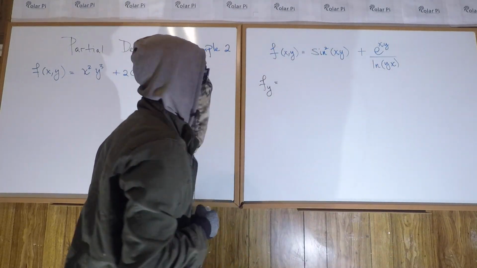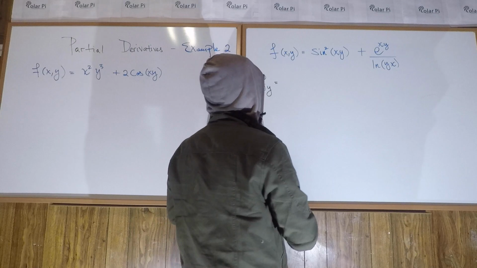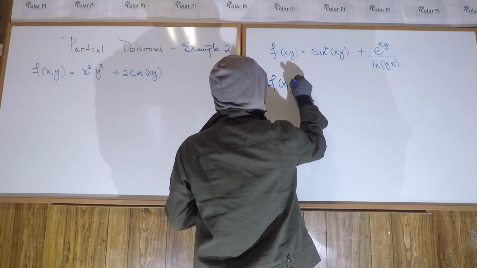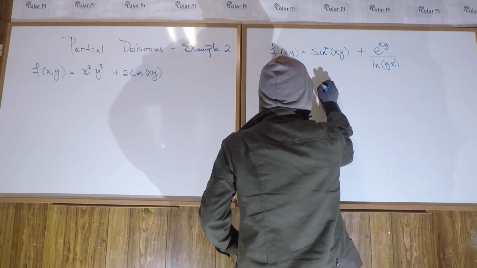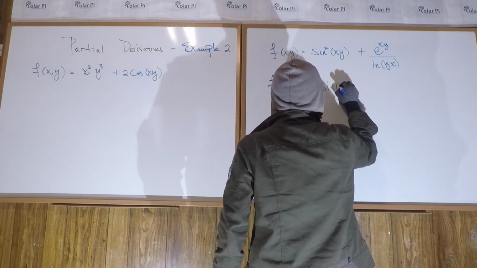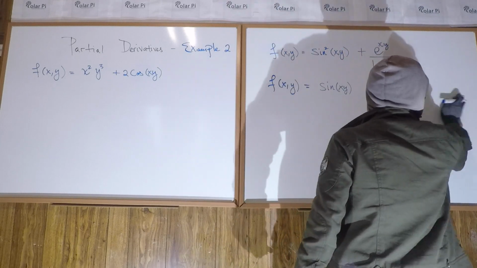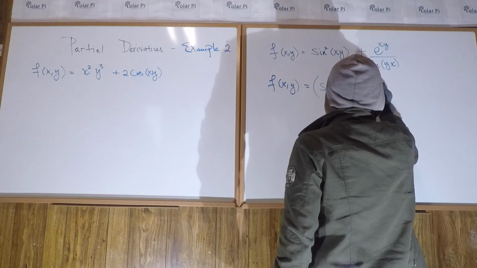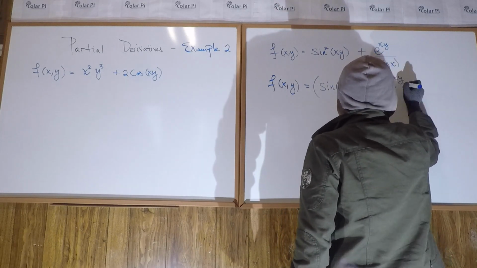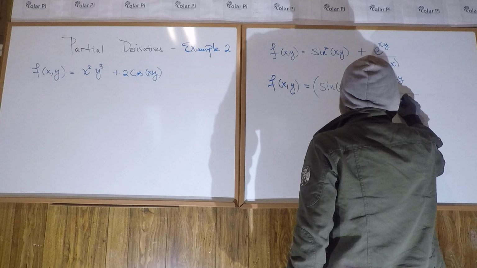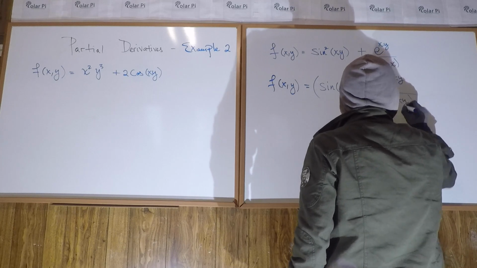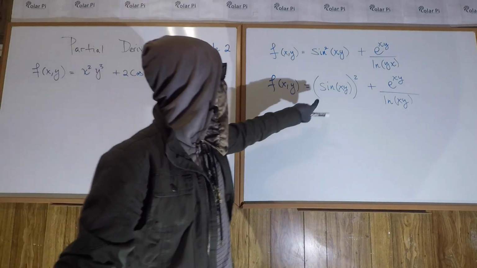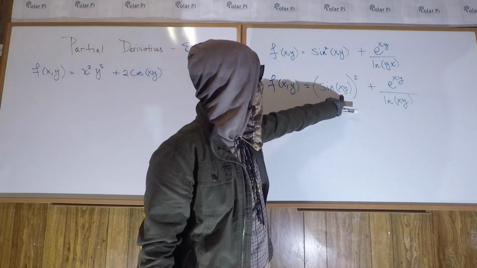Okay, so first notice that it might be useful for some of you to rewrite the function f(x,y) so that in this part you interpret it correctly as reading sine of xy, all of it squared, right? And then it's plus e to the xy over the natural log of xy, like that, right? Okay, cool. So then you see that the argument of sine has both x and y.